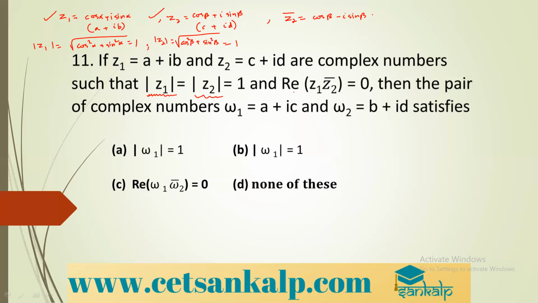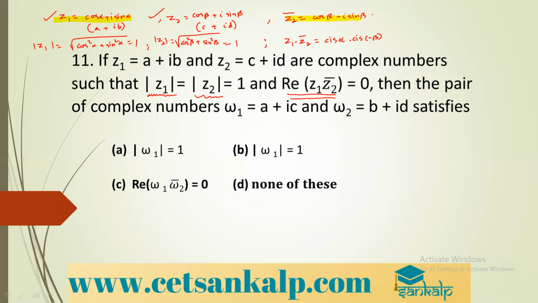And then they said real part of z1 z2 bar. If I multiply z1 and z2 bar, that means I am multiplying cis alpha and cis minus beta. What did I say here? Z1 I am writing in short as cis alpha.